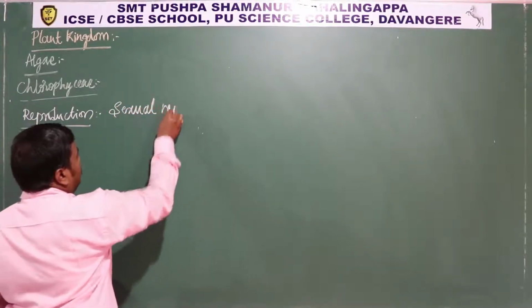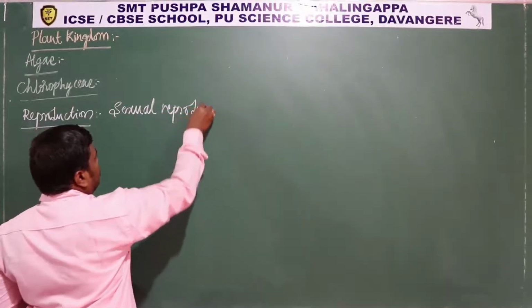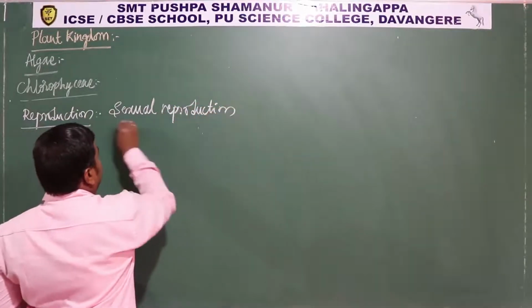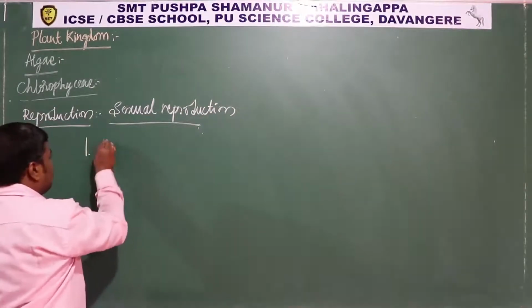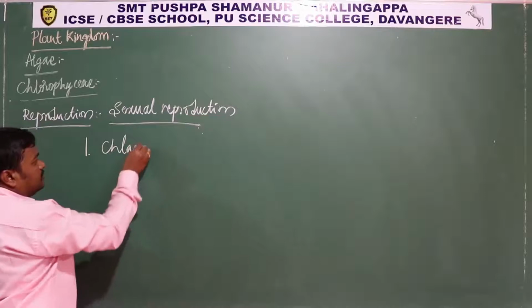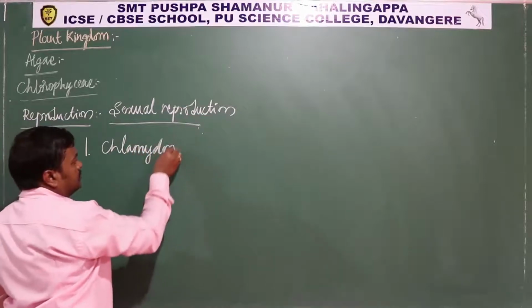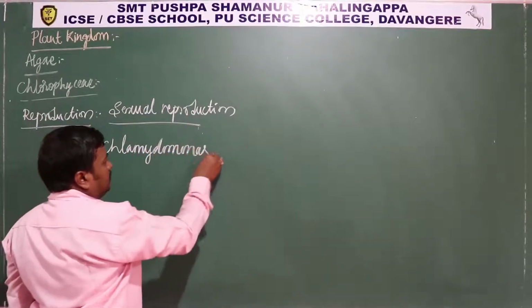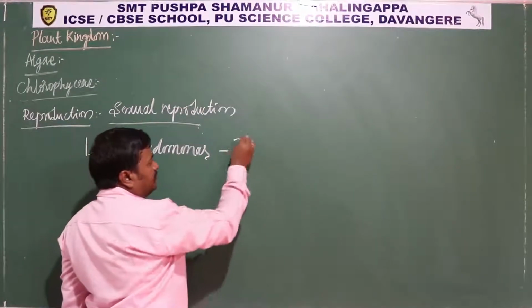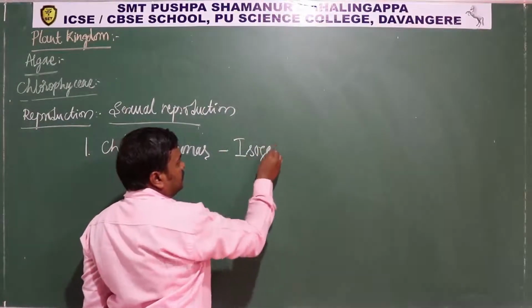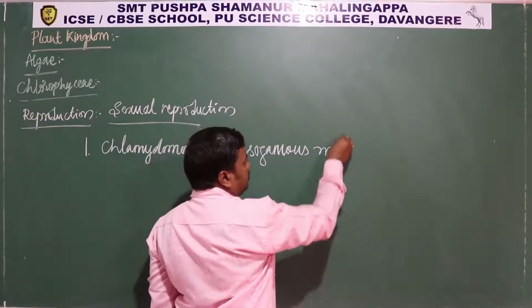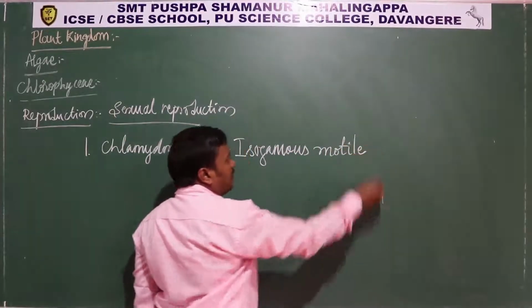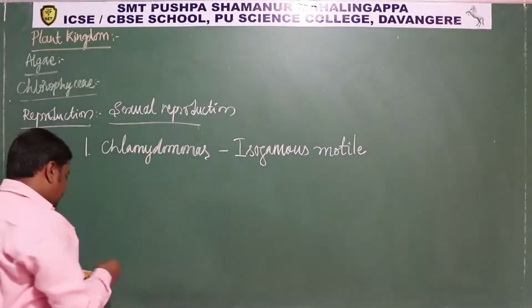In sexual reproduction, the first one is Chlamydomonas. Chlamydomonas is an example of isogamous, motile.